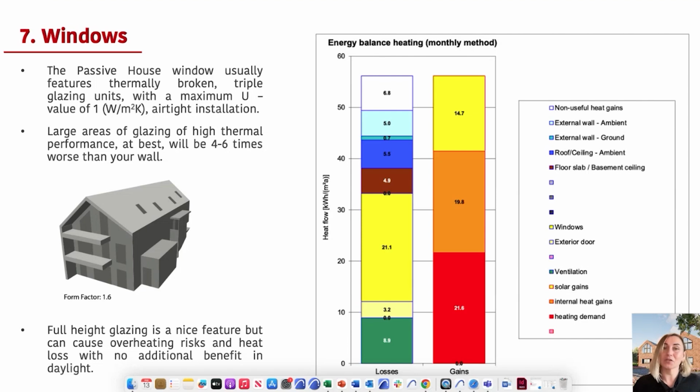So when you're creating your project brief, I would be taking that into consideration in terms of the areas of glazing you want to specify.